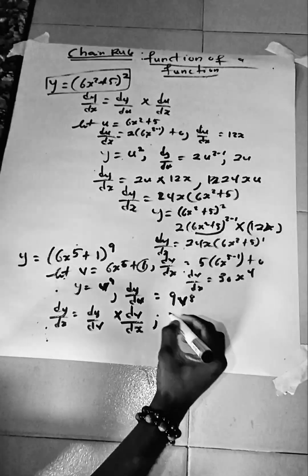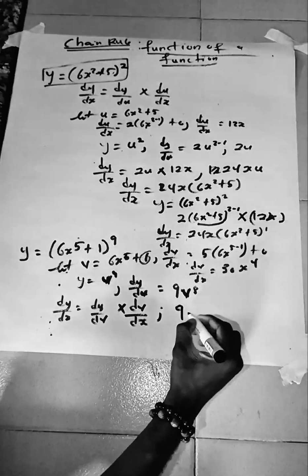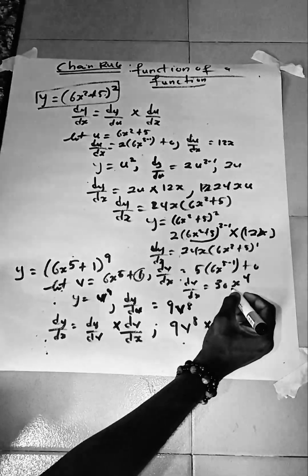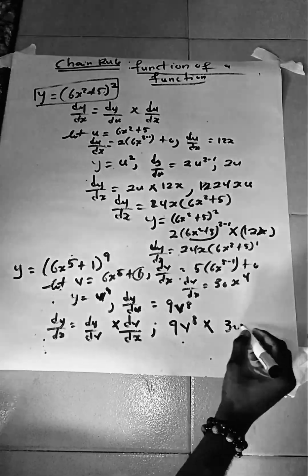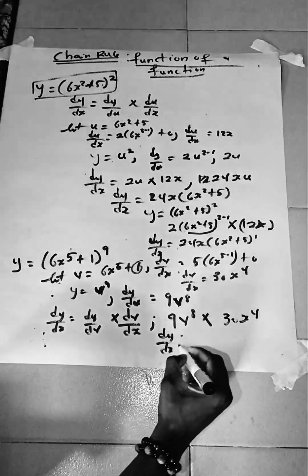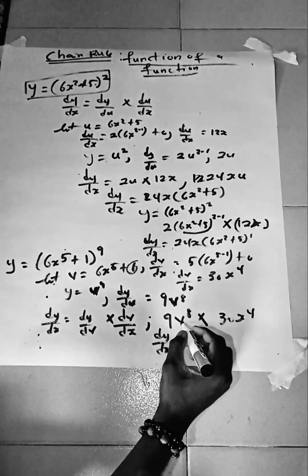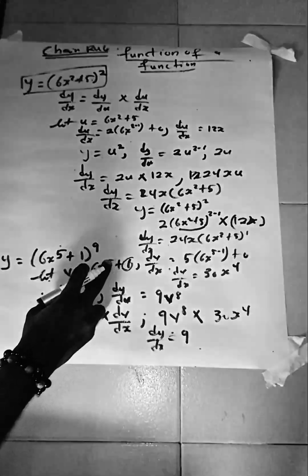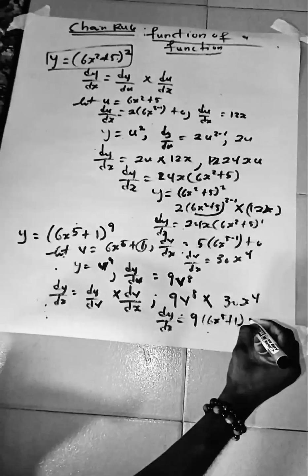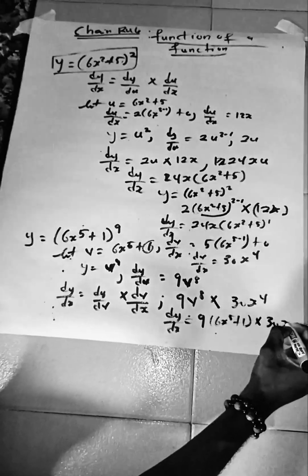Our dy by dv is 9v raised to the power 8. Then multiply by dv by dx, which we had to be 30x raised to the power 4. So our dy by dx is equal to 9 times v, and we said v equals 6x raised to the power 5 plus 1. So we have 9 times 6x raised to the power 5 plus 1, then multiplied by 30x raised to the power 4.